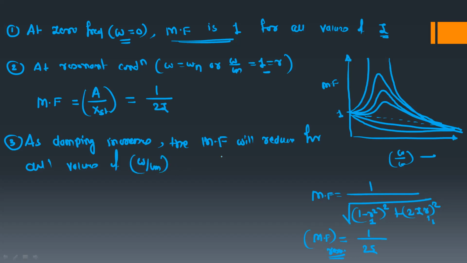So what is the meaning of this sentence? You can observe in this graph zeta 0, then we increase zeta to 0.1. After that, this is 0.2, this is 0.3.